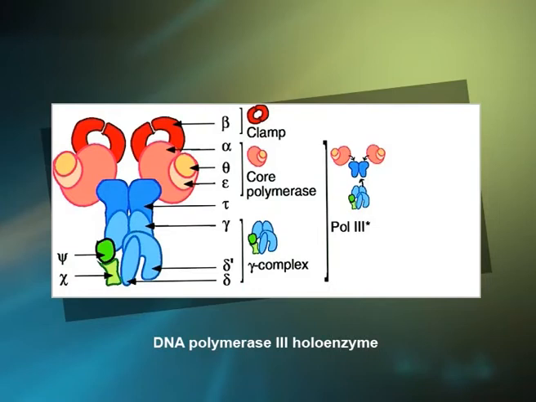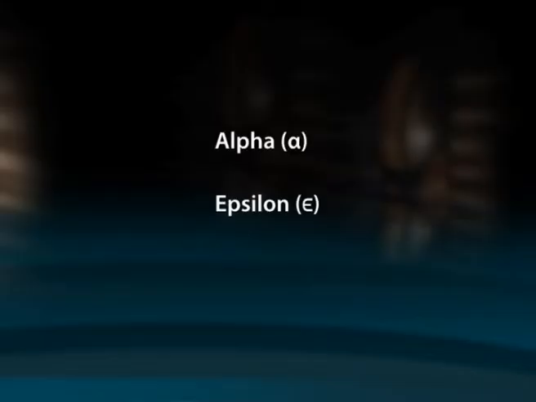Pol 3, together with Pol 1, has a role in the DNA replication of E. coli. The complete complex or holoenzyme of Pol 3 contains at least 20 different polypeptide subunits, although the catalytic core consists of only 3 subunits, alpha, epsilon and theta.